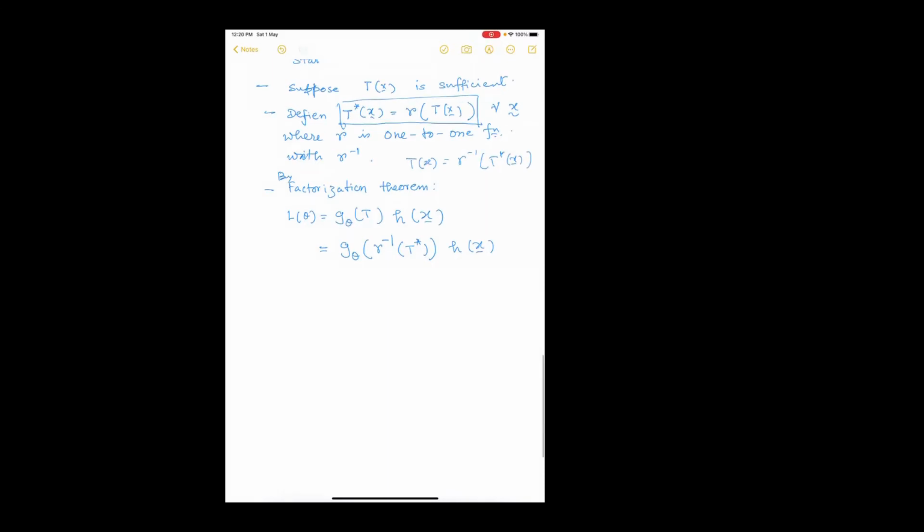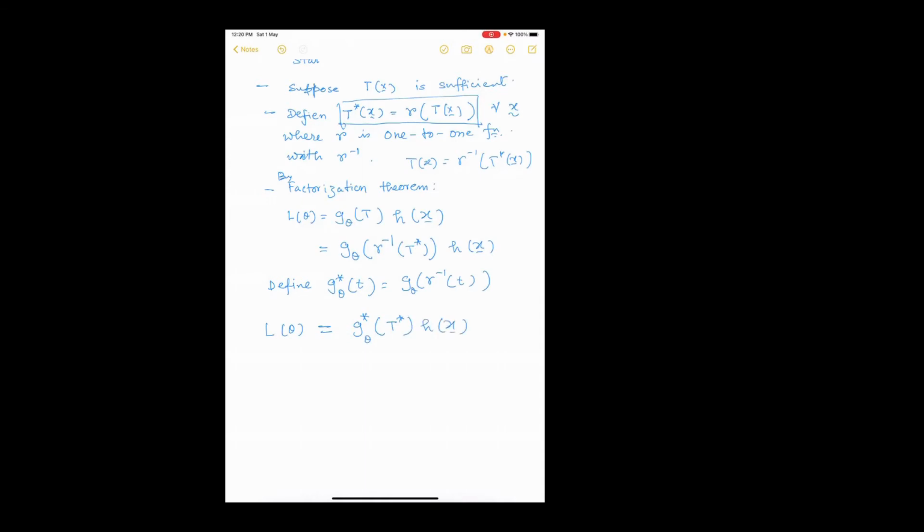Now you define g star of T as g of R inverse of T. Then I can simply write this L(theta) as g star of T star times h of x tilde.